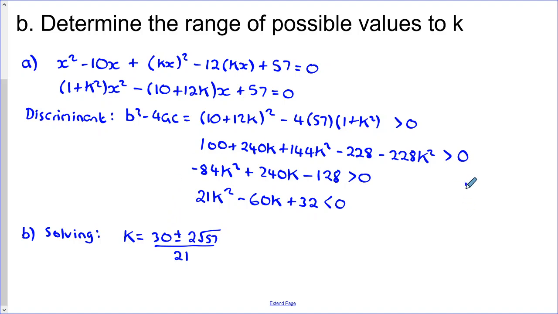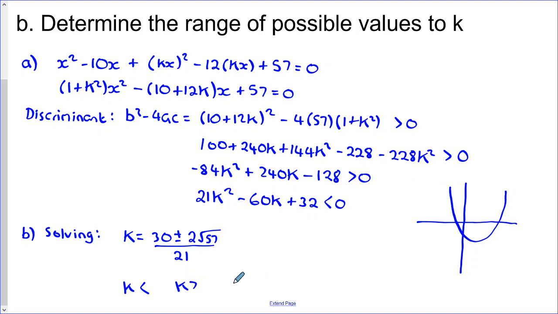Now remember, for a quadratic inequality, consider the quadratic graph. No idea what exactly this looks like, and it doesn't matter. I'm just trying to test what sort of inequality answer I'm aiming for. Am I after k is less than something and k is bigger than something for these two outside bits?